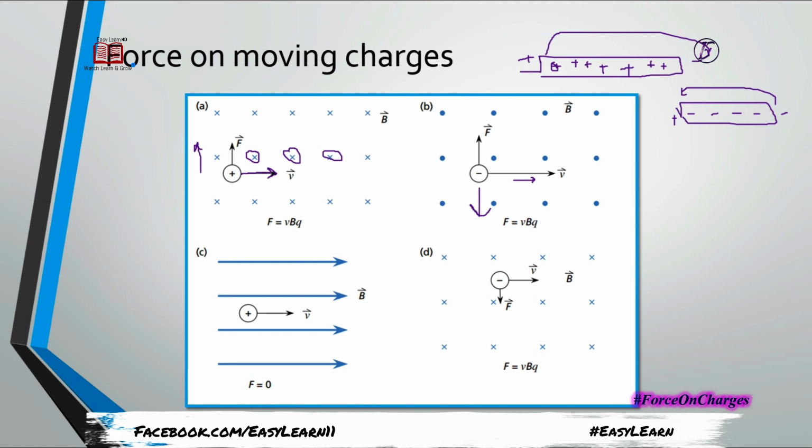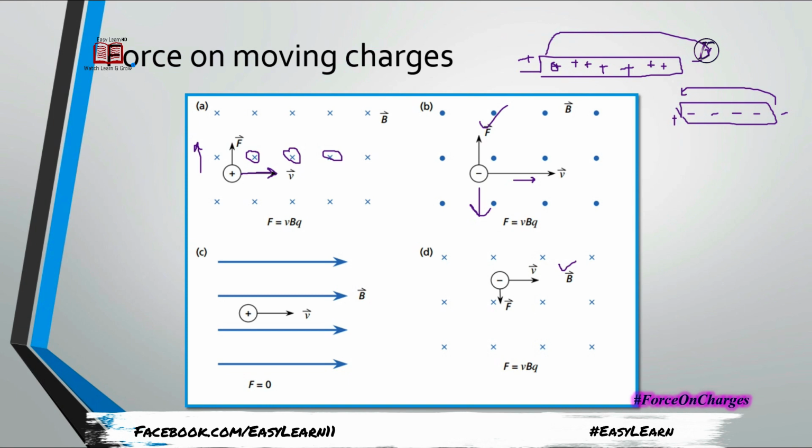But in the case of electronic charges, you just do the opposite here. In this case of the force, just replace this arrow with the opposite side, so this is the right direction. And again, this is the electronic charges, and F is equal to VBQ.